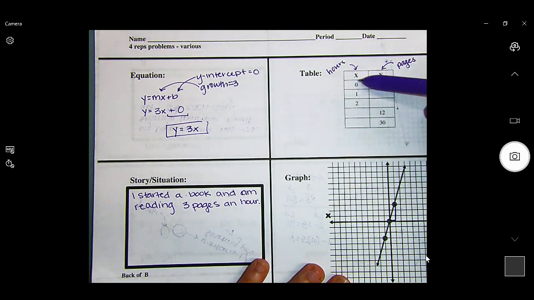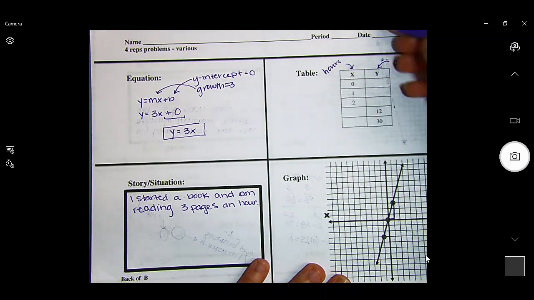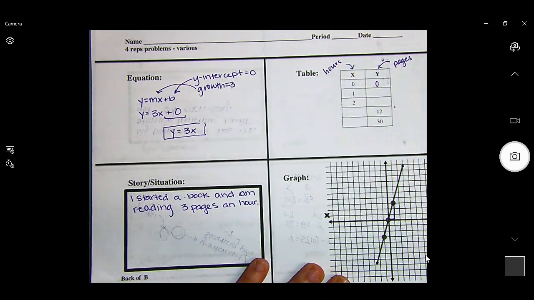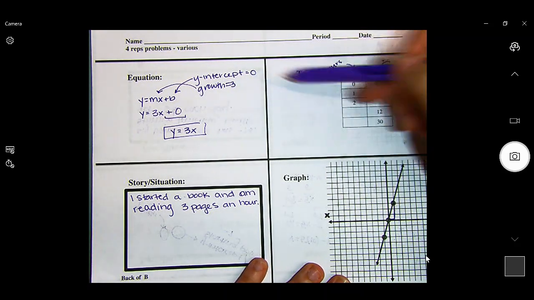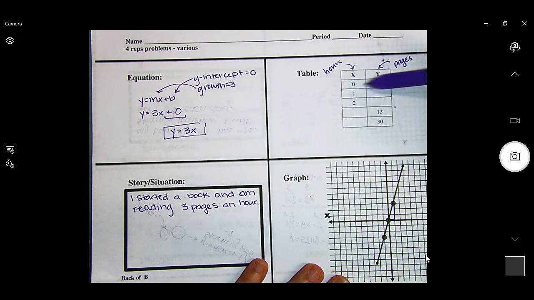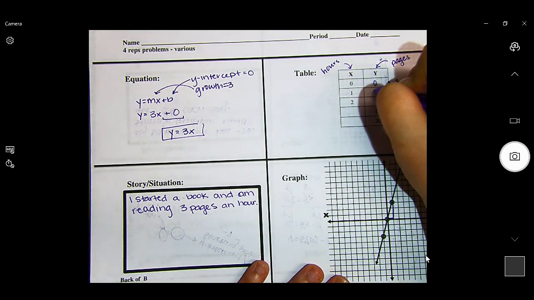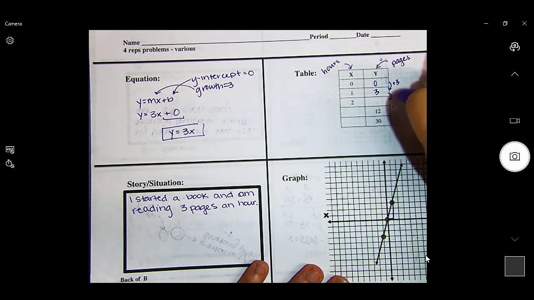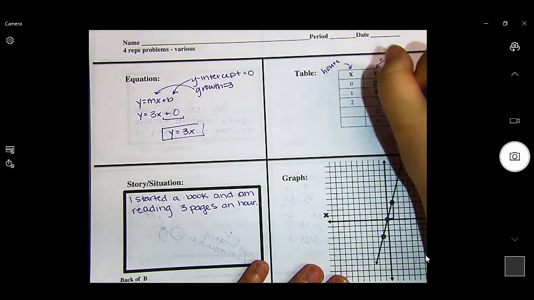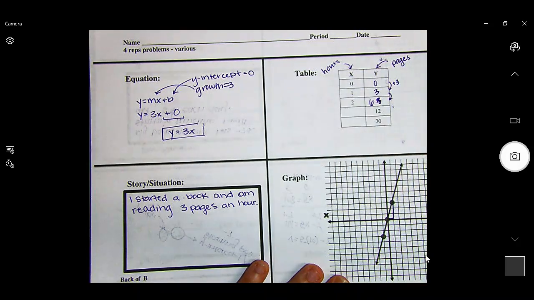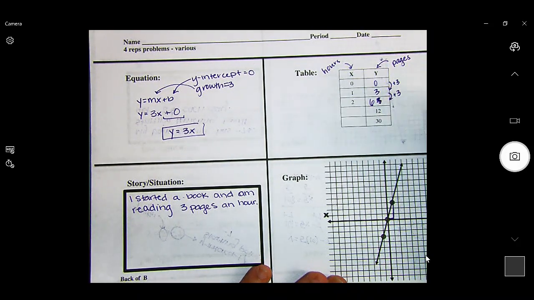At 0 hours, obviously we have read 0 pages, and that lines up because my y-intercept is 0. So when x is 0, y also has to be 0. And now I'm going up 3 pages every hour. So from here to here, I'm going up 3, and again from 1 to 2, so that is 6. My bad, I'm counting up 3.